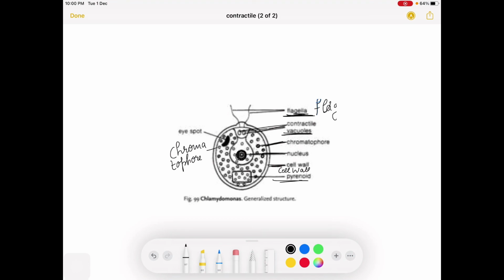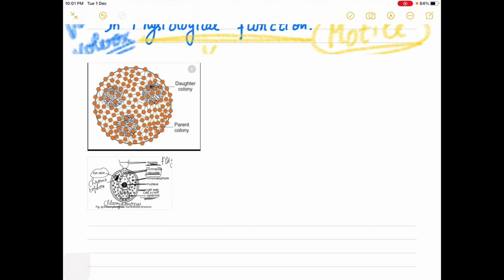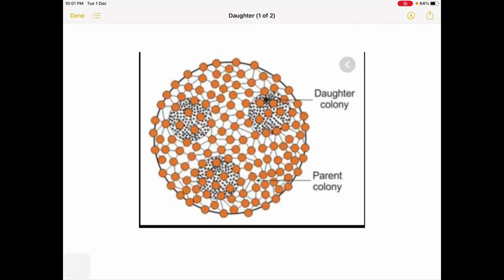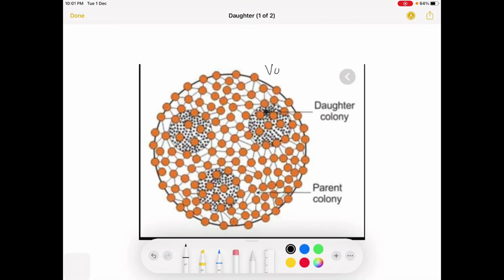So we have flagella, vacuoles, the nucleus, as well as the reserve food material, and here is the eye spot of Chlamydomonas. So this is the structure of Chlamydomonas, right? Done. So you can draw these two structures, the structure of Volvox and the structure of Chlamydomonas, in your notes.